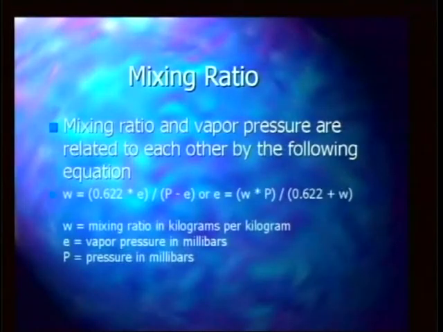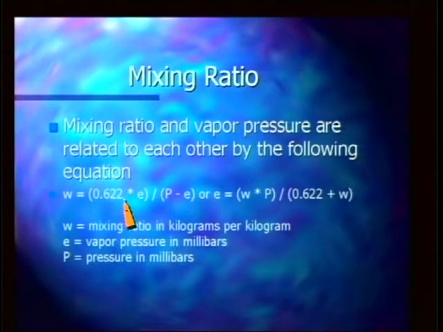Next, look at the mixing ratio and vapor pressure equations. You'll need these equations when solving many of the problems in the exercises for the course. And I'll point this out. The mixing ratio equation, W, is 0.622 times the vapor pressure divided by the pressure minus the vapor pressure once again.